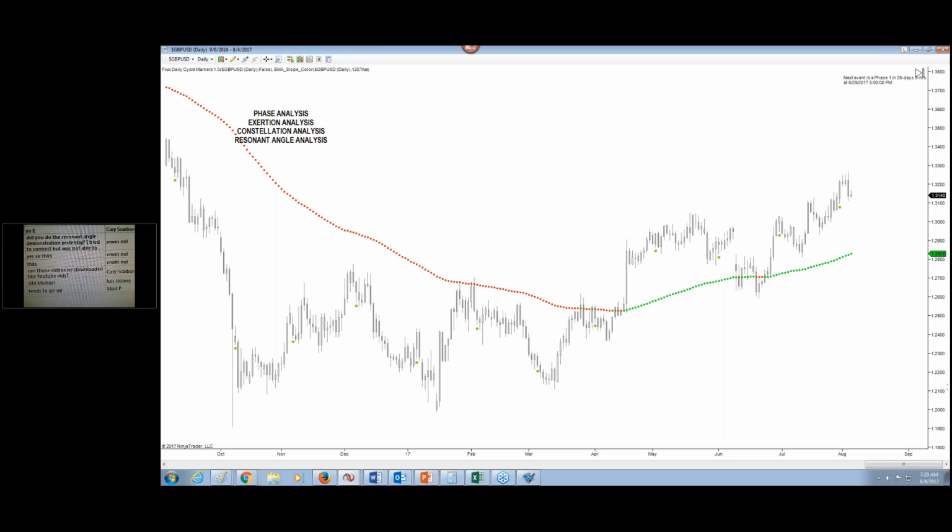Okay, Mod says it tends to go up. Anybody else? Thank you, Mod. Gary says consolidates.